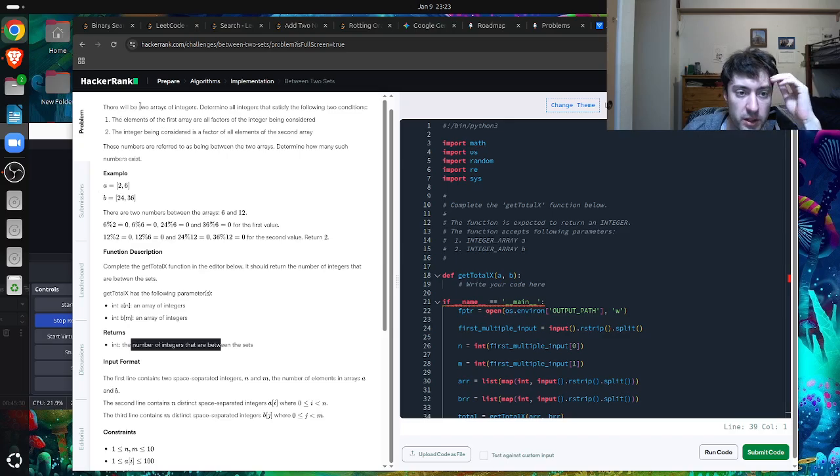There will be two arrays of integers. Determine all integers that satisfy the following two conditions. Number one, the elements of the first array are all factors of the integer being considered.